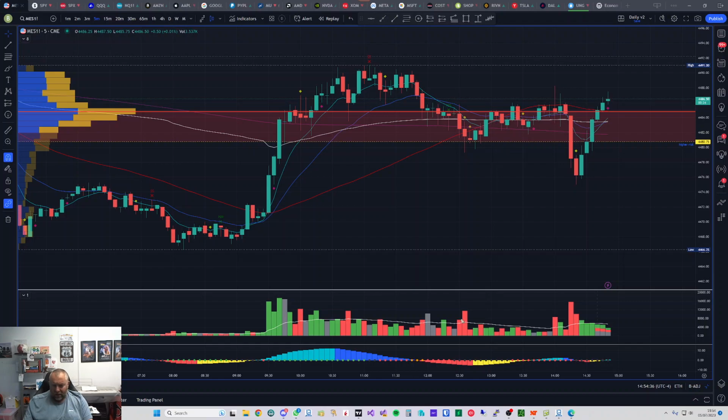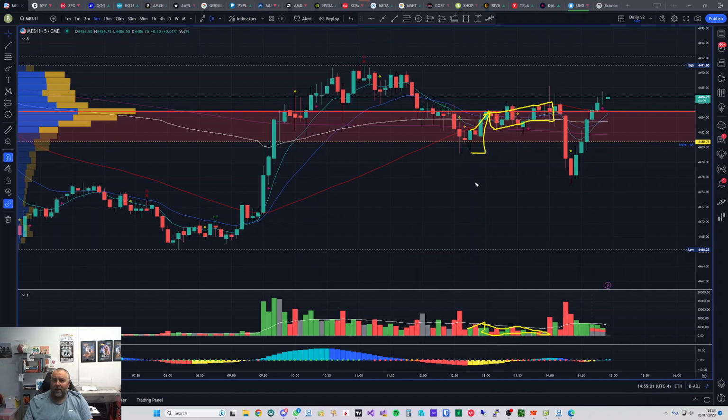Then you can see here we had this pullback with a big bottom tail, and we had this higher than average candle, and then the follow through was a little bit of increase in volume, which you kind of expect on a pullback, and then volume dropped off again and declined. So to me that looked like it was just running out of legs.